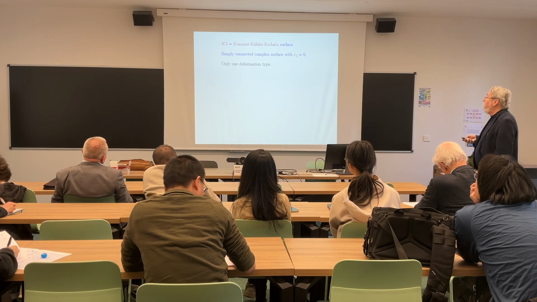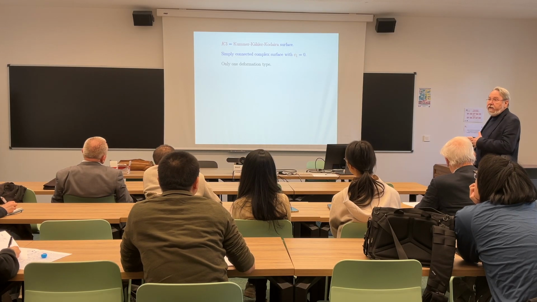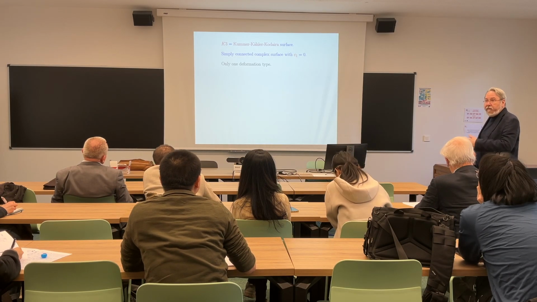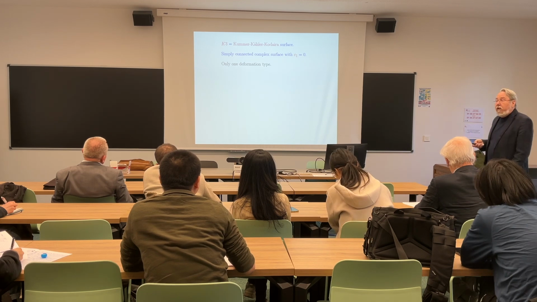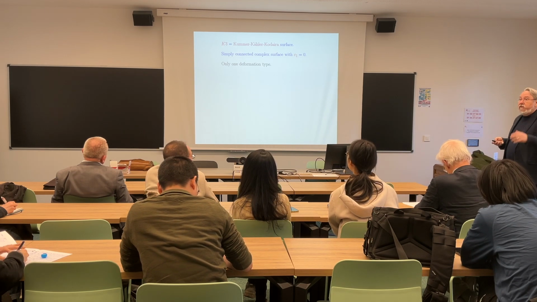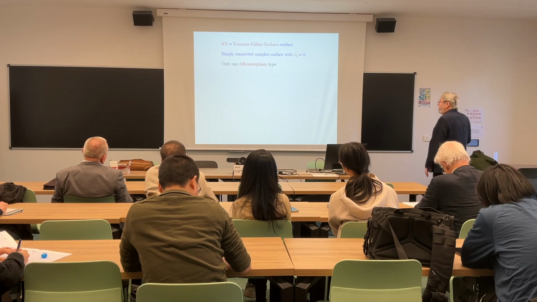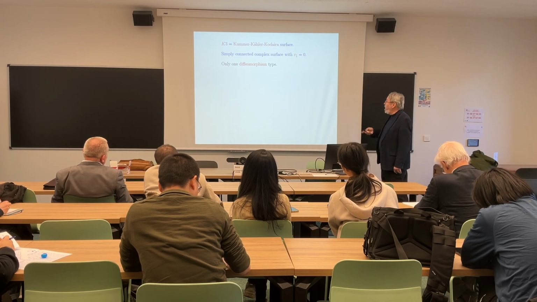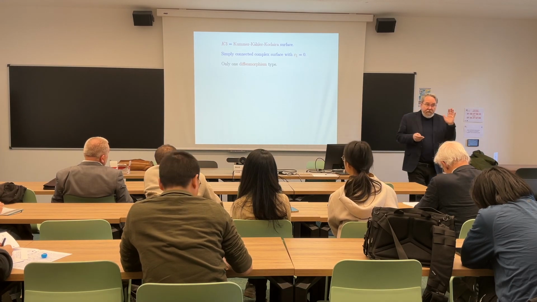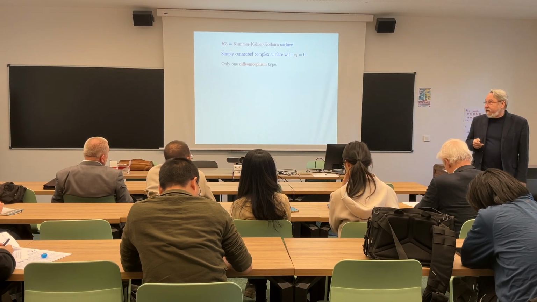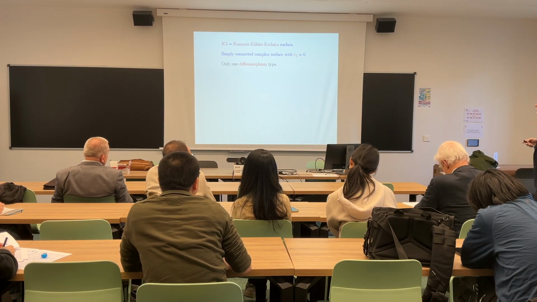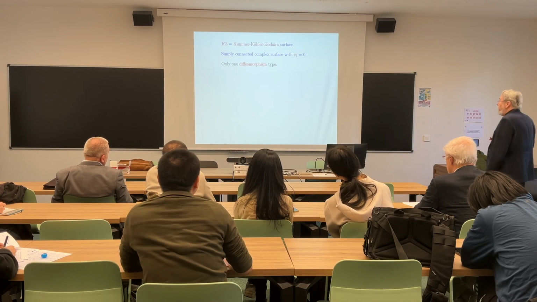What turns out is that there's only one deformation type. Any two K3s are related by a one parameter family of integrable complex structures, which allows you to move from one to the other. So that in particular means that any two complex surfaces with these very mild properties, the first Chern class in integer cohomology is 0, and it's simply connected.